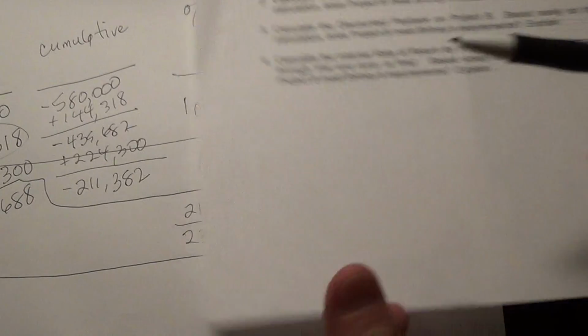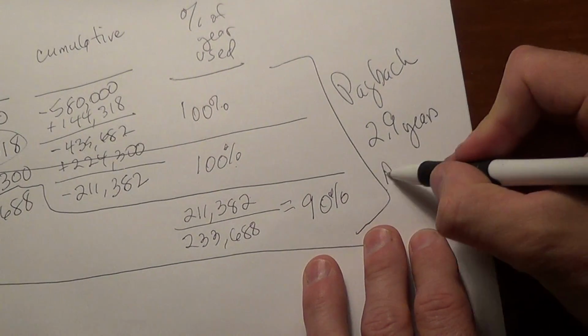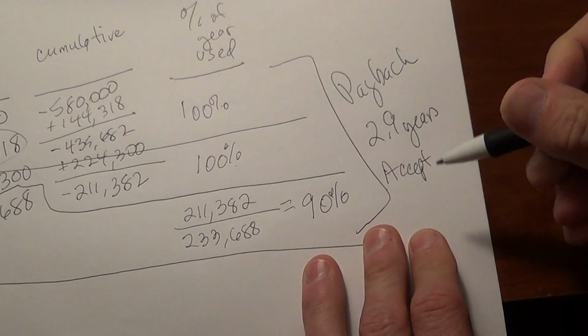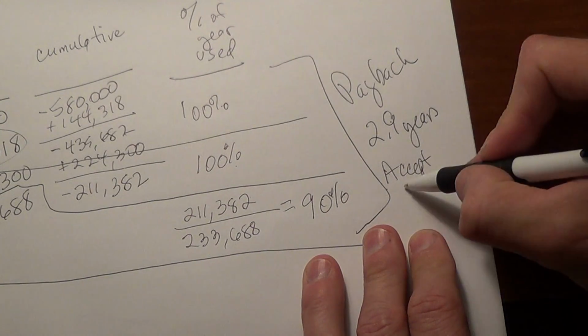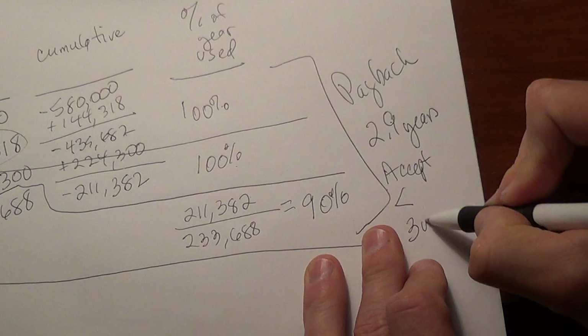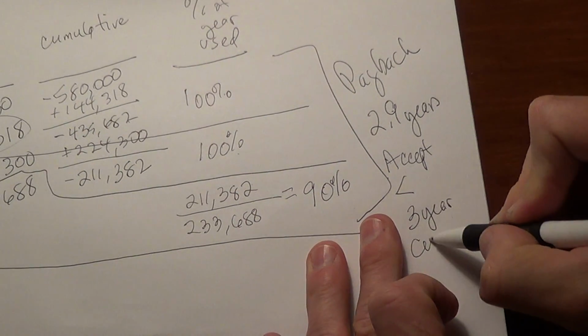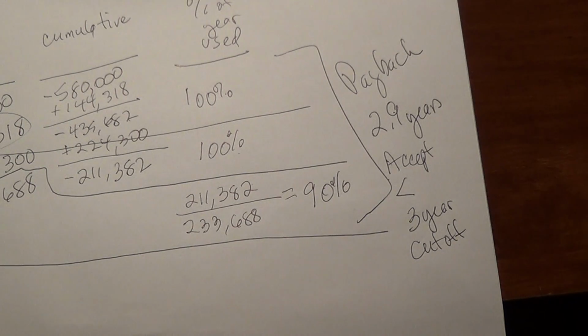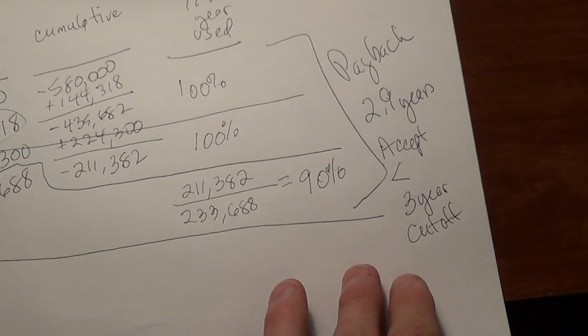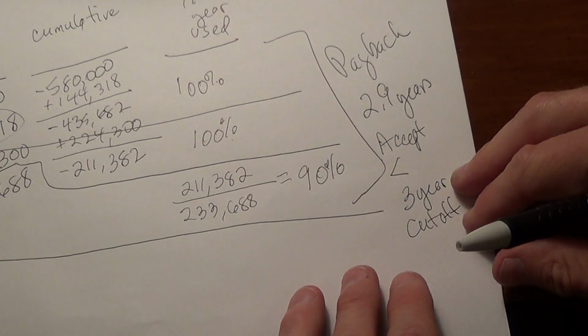Well, here you accept because the payback is 2.9 years, which is less than the 3-year cutoff. So for question number 3, your answer is 2.9 years, and it does meet the requirements, so this project would be acceptable.